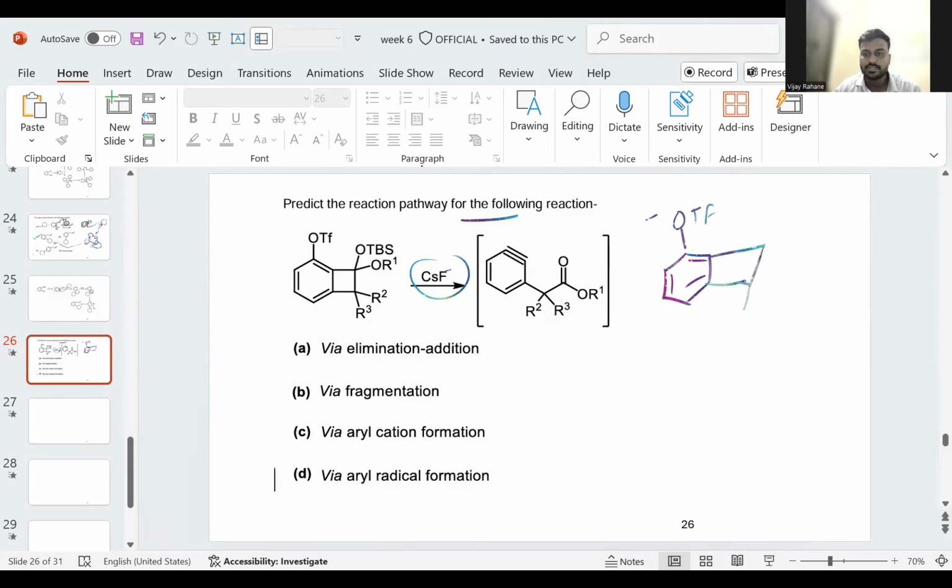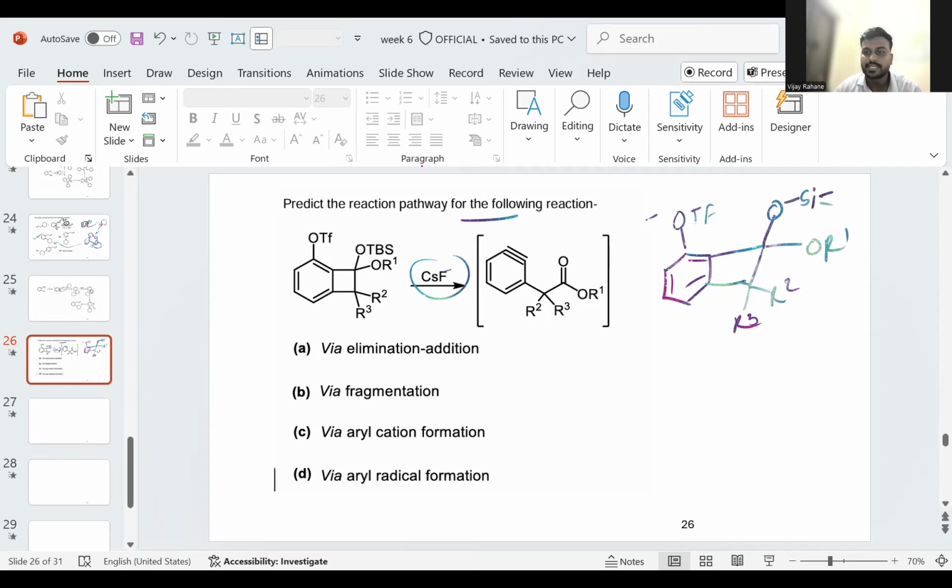So this is the two R groups, and here we have the O, and this is the OR. One, two, three, right? And there is a silicon, Si, and there are obviously other groups.